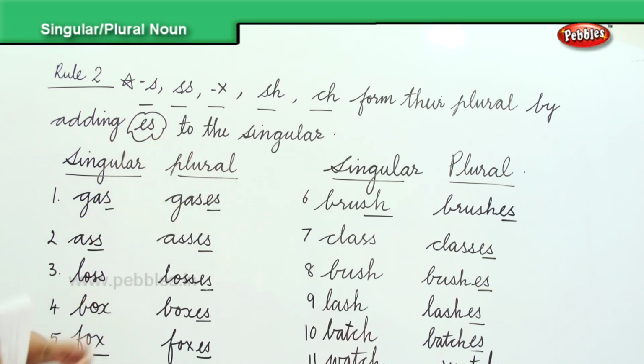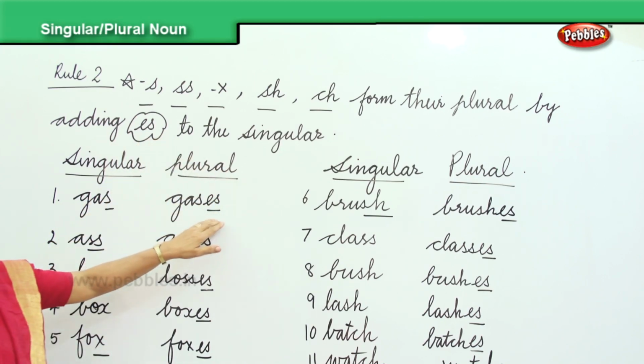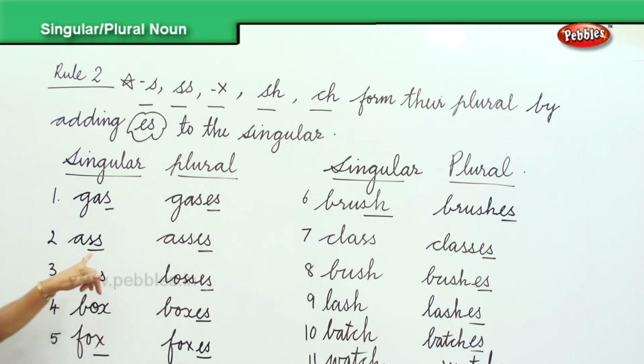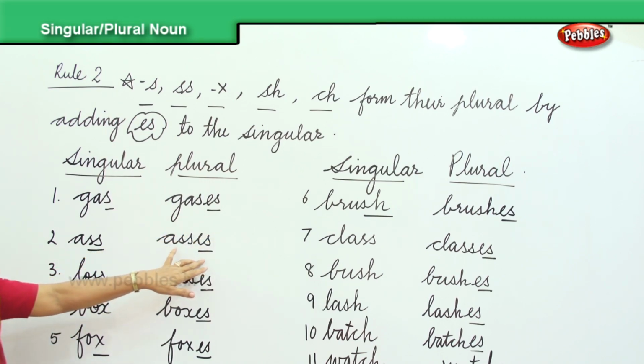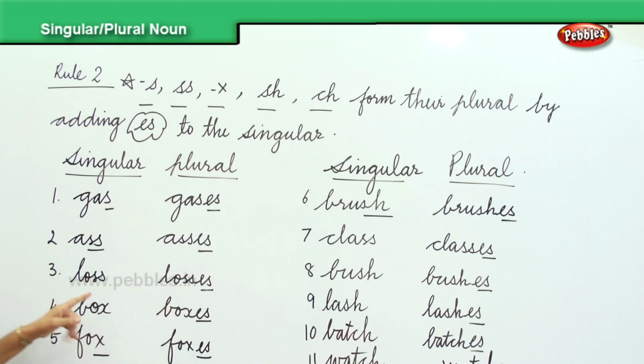So, to form the plural, what do you do? Gas, gases, you add ES. Loss, losses, you added ES. Box, ending in X. Fox, ending in X, you added ES. So, you got box and boxes.